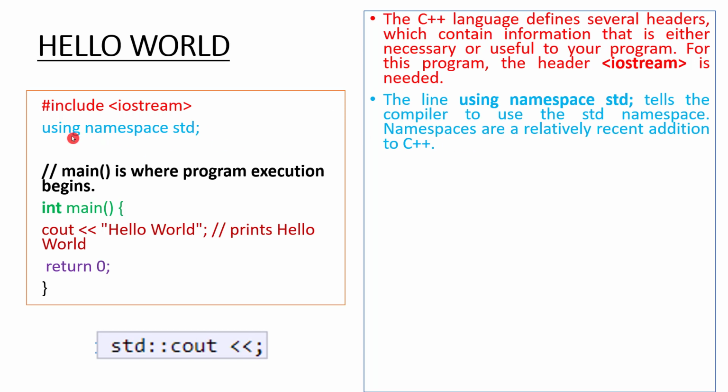And we have using namespace std, which is also very important. The line using namespace std tells the compiler to use the std namespace. Namespaces are a relatively recent addition to C++. Suppose you are not using namespace std, then you have to add some symbol throughout your entire program.